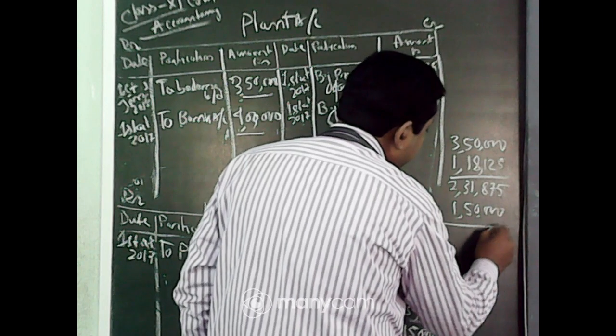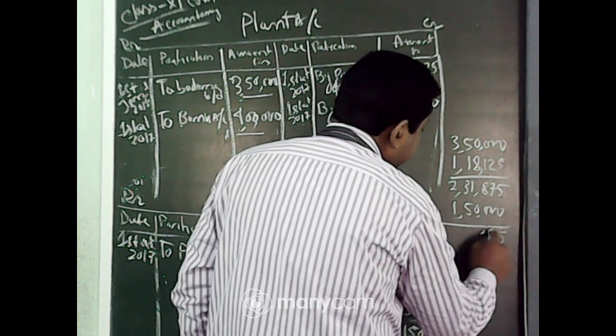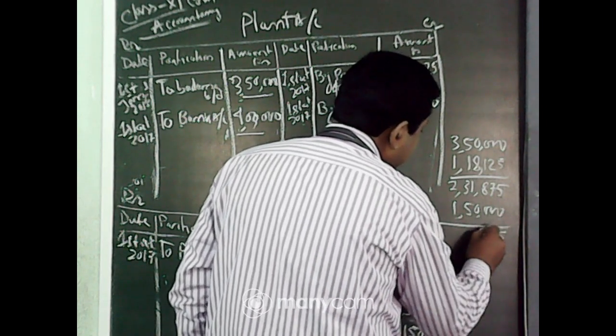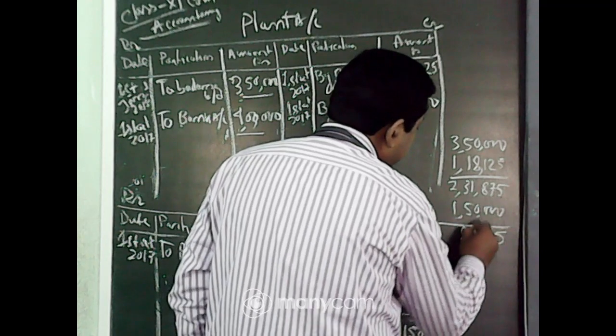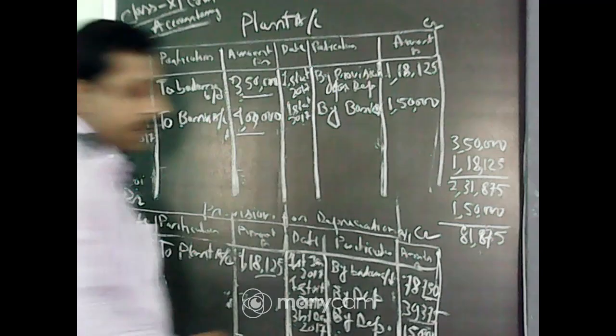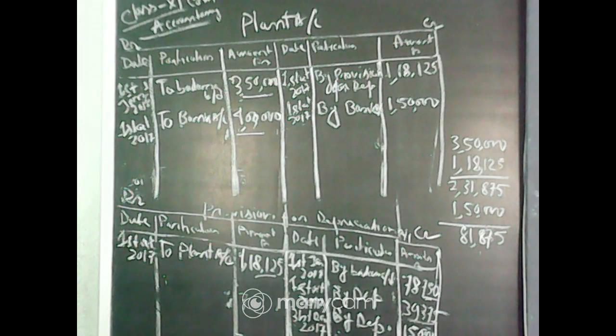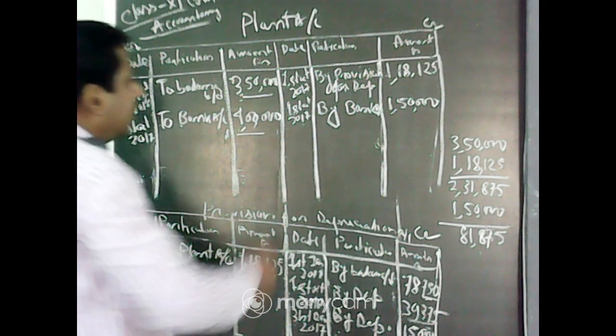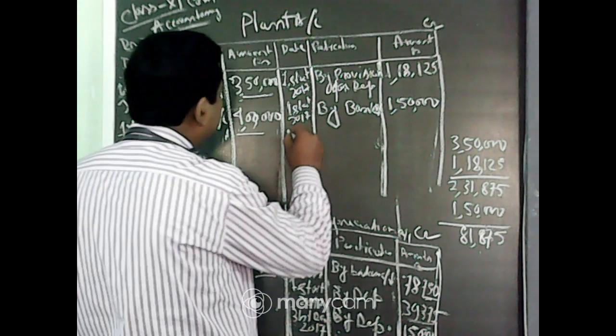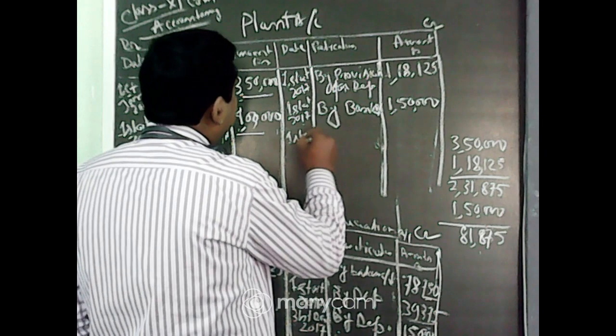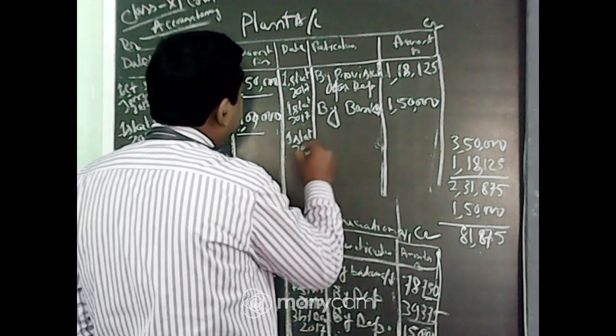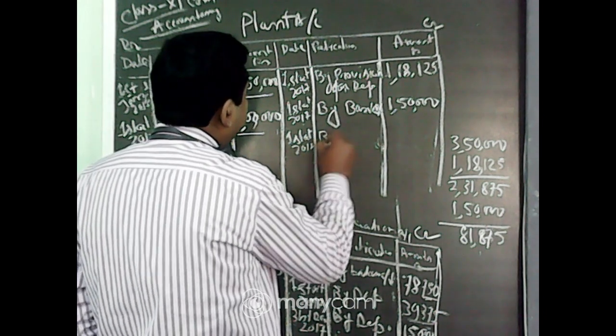How much loss have you made? 81,875 loss you have made, and that loss you have to transfer, it is 1st October 2017, by PL account.